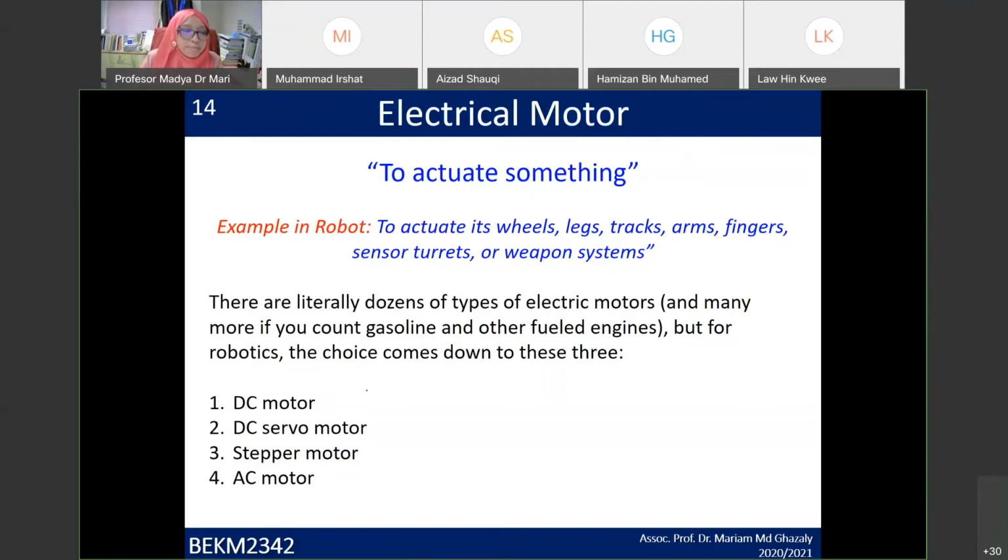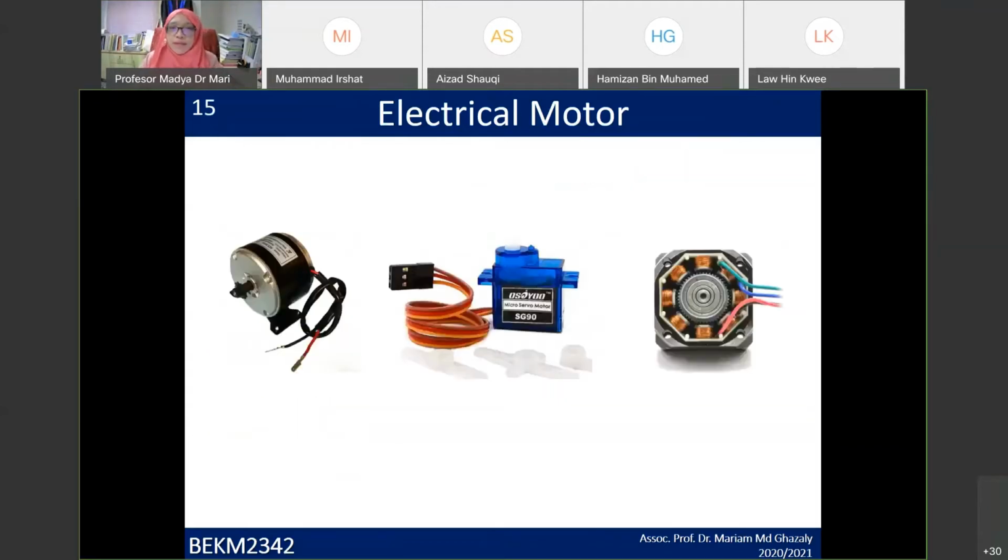There are four main types of electrical motor. Let's look at the first one, these three electrical motors. Does anyone know what these are? First, second, and third one? Any idea?